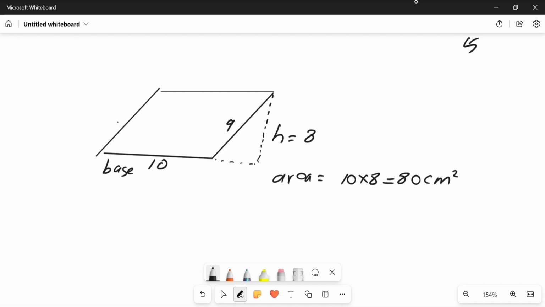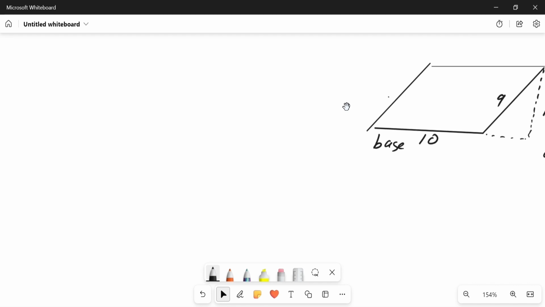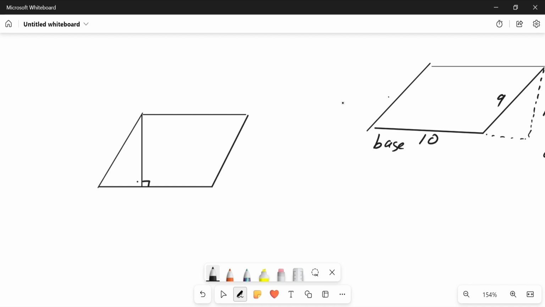Sometimes they might give you a question like this. A parallelogram, this is the height, and from here this is base, this is height.